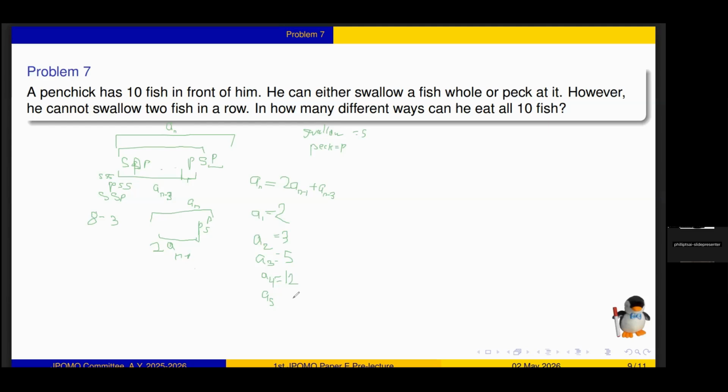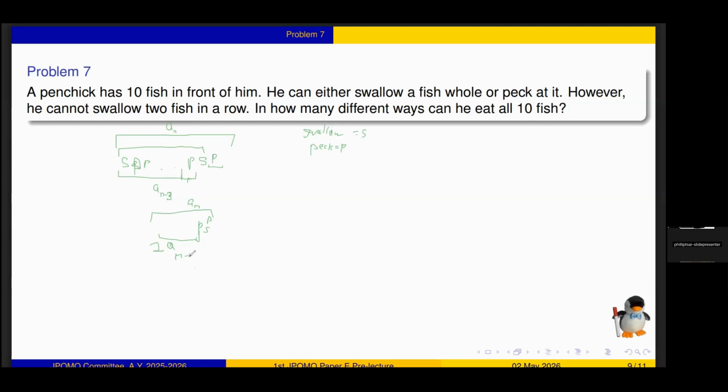Oh yeah. But it is a recurrence. I just did it wrong. Oh, sorry.